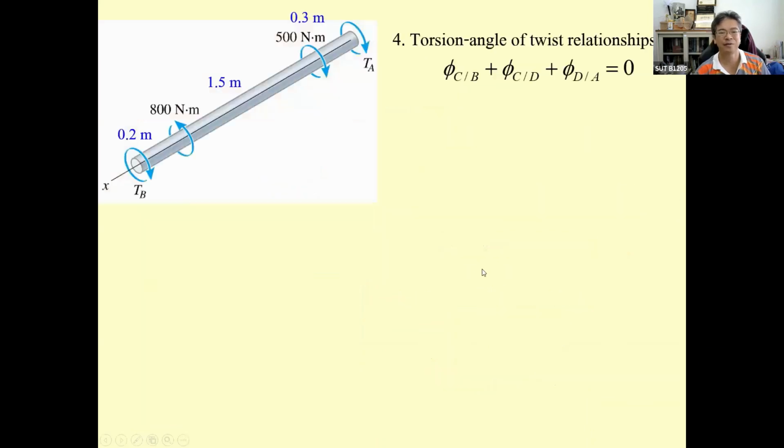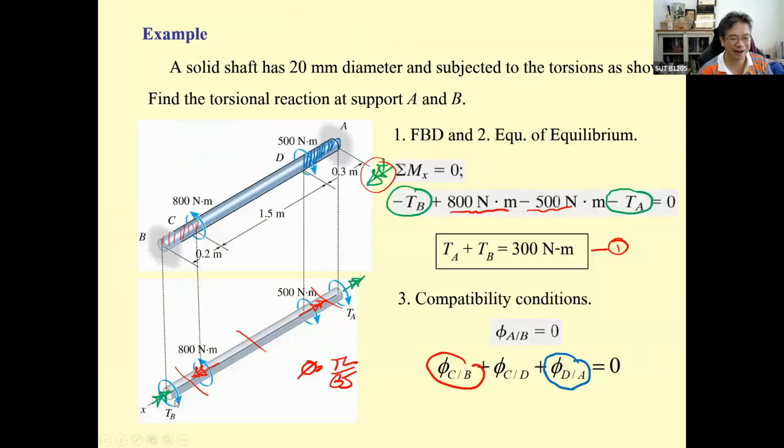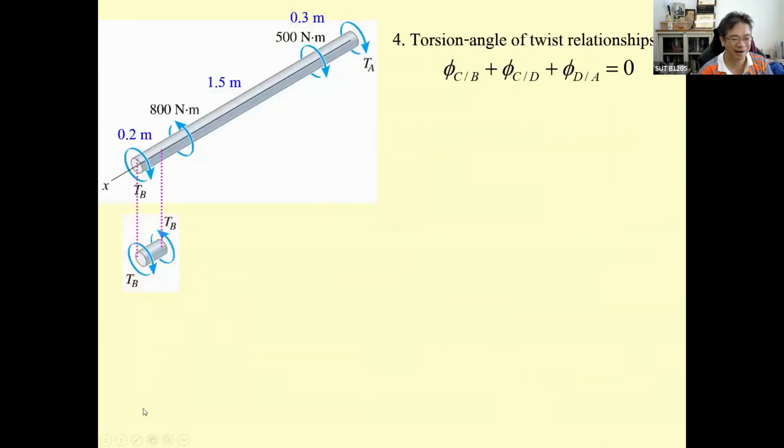By doing that, we cut this one, we get the T. Let's put it in the green, okay? In the green, we put it. That is going to be in this direction. And then this one is going to be the T sub B. Okay, you can do the summation of M sub X equal to 0.